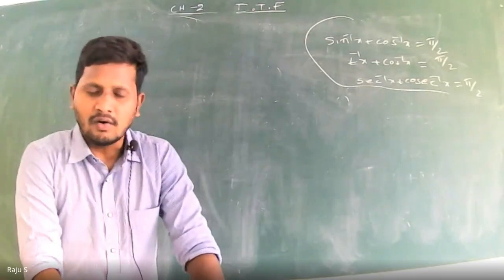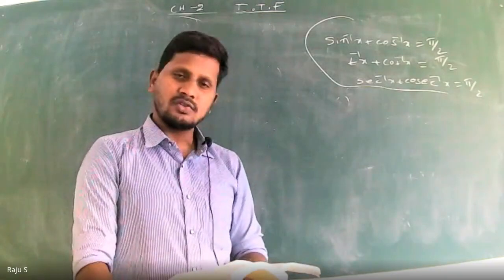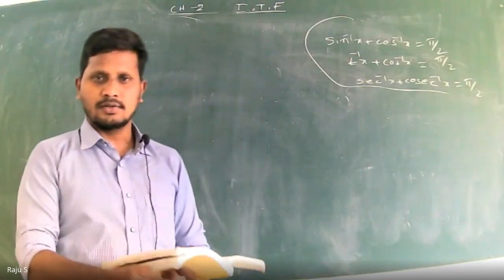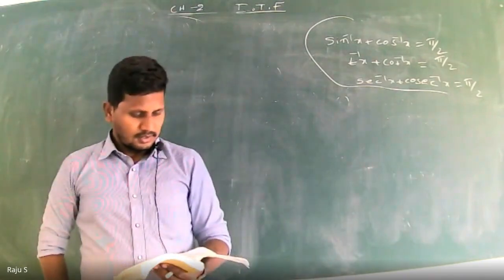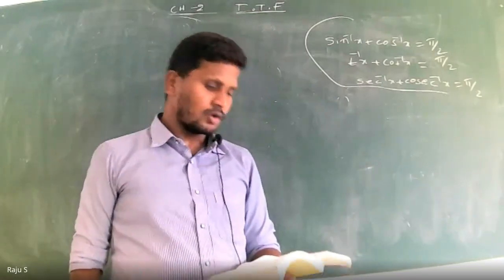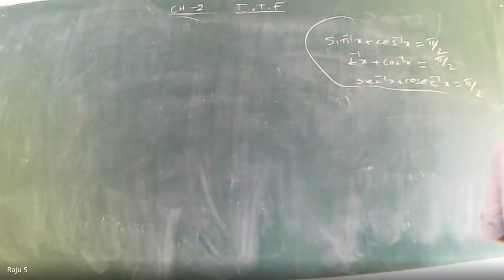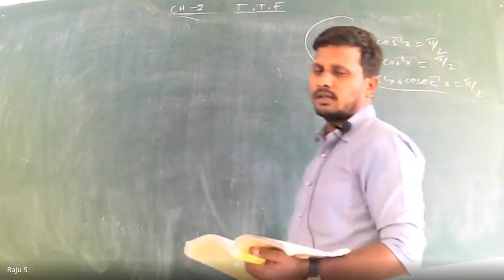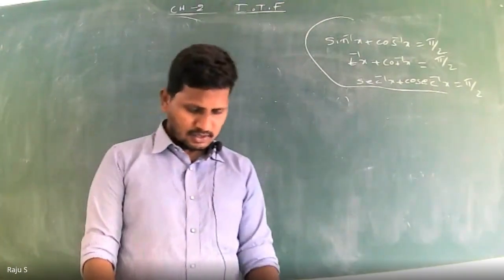Which one of the options is correct? First option pi, second option minus pi by 3, third option pi by 3, fourth option 2 pi by 3. Final answer: pi by 3.